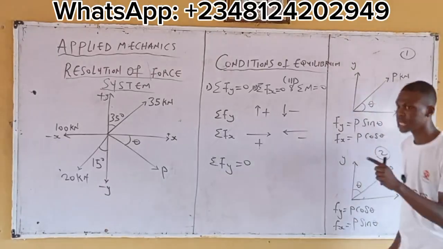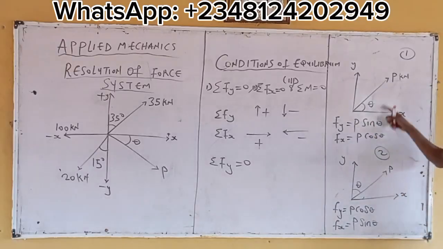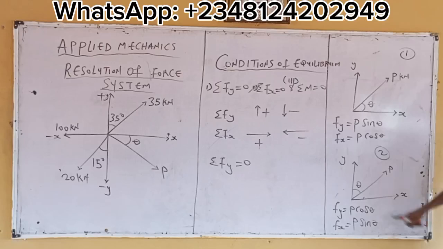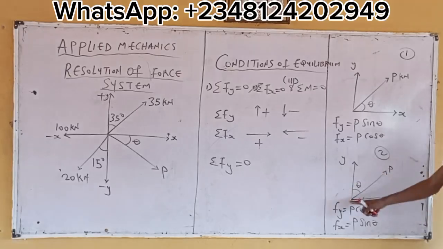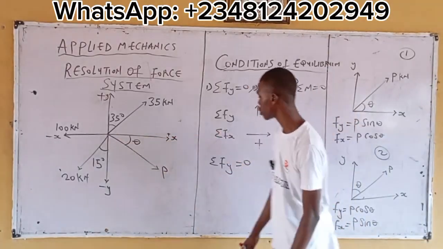Cos. Automatically, the other side takes what? Sine. And that's what we implemented here. Because our angle here is inclined to the horizontal. Horizontal takes what? Cos. Vertical takes what? Sine. Same idea. Our angle is inclined to the what? Vertical. Vertical takes what? Cos. Horizontal takes what? Sine. Now, apply the same idea here. It becomes what?